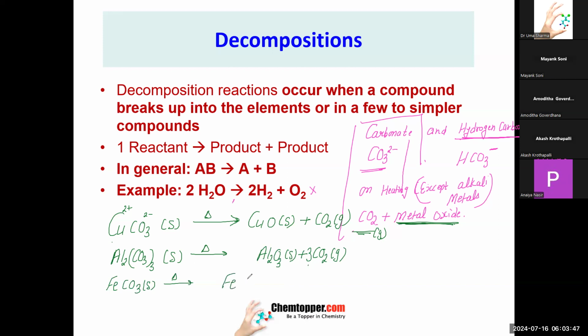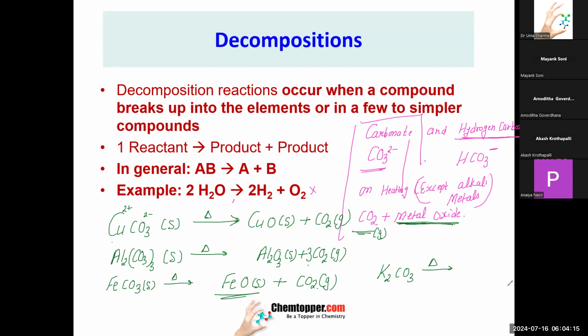You have very nicely taken care of the oxidation number of Fe because there is no change in oxidation number. CO2 gas. This is solid. And if I give you K2CO3, if I heat it, do you think I'll get potassium oxide and CO2 gas?